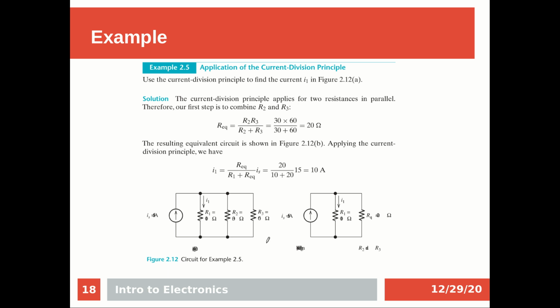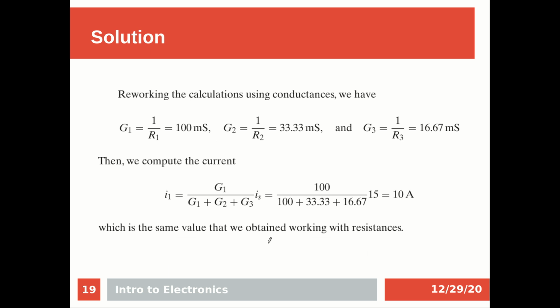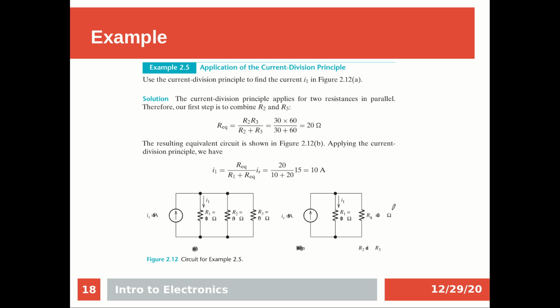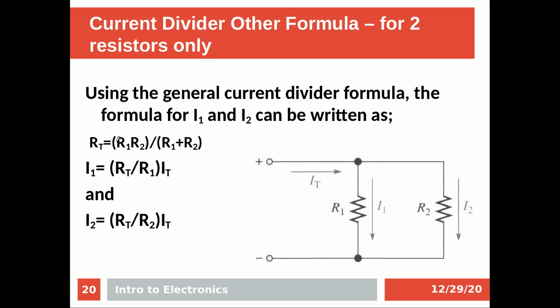I think the values here are mixed, but you can see in your book some examples reworking the calculation using the G. So G1 is 1 over R1, G2 is 1 over R2, G3 is 1 over R3, and I1 is the ratio of G1 over all of them multiplied by the IS. Then you get the same value, whether you take it this way or using the resistors.